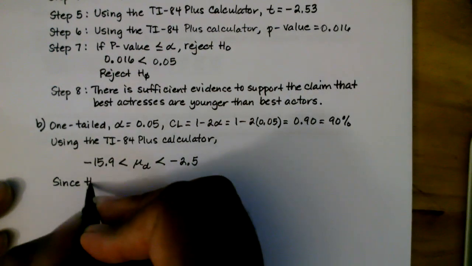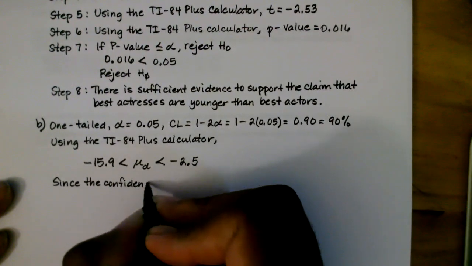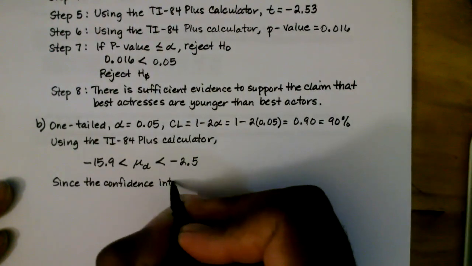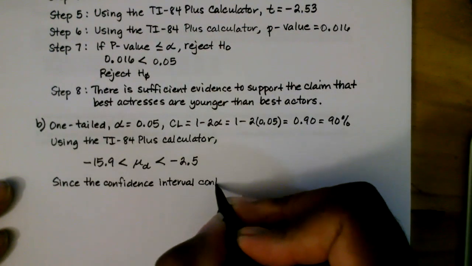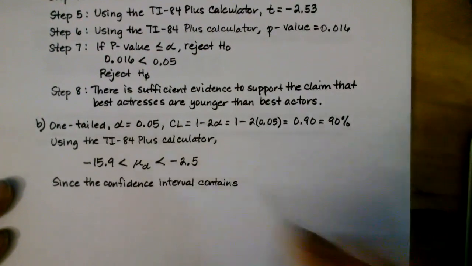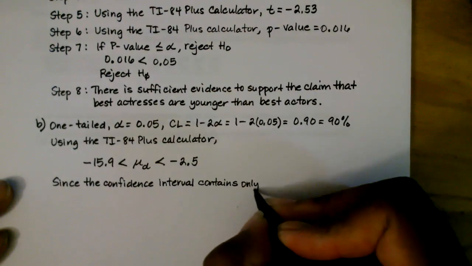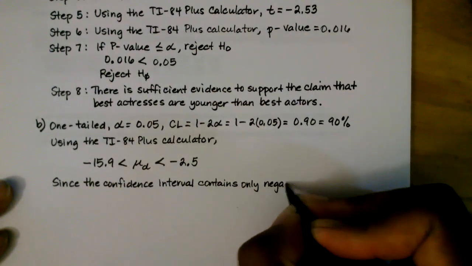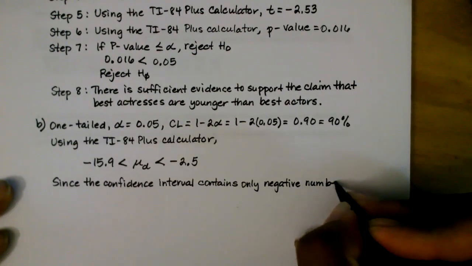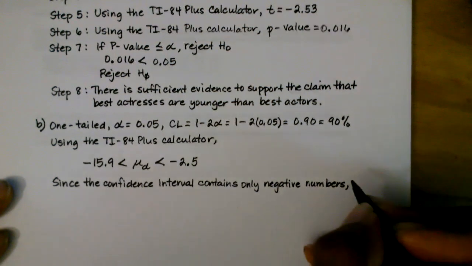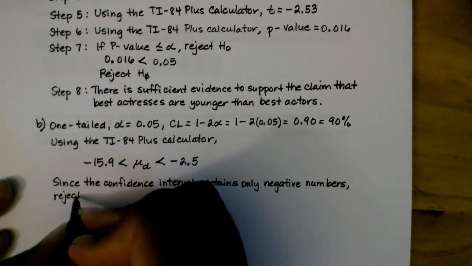Since the confidence interval contains only negative numbers, here we reject the null hypothesis.